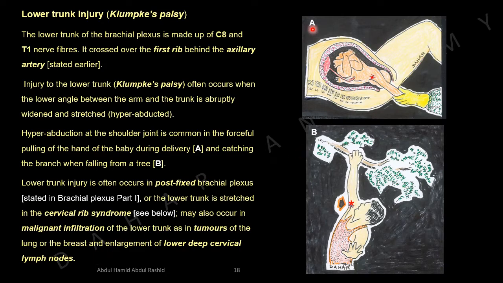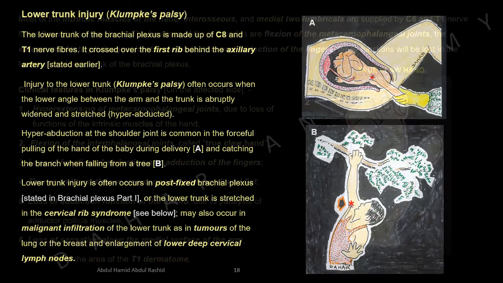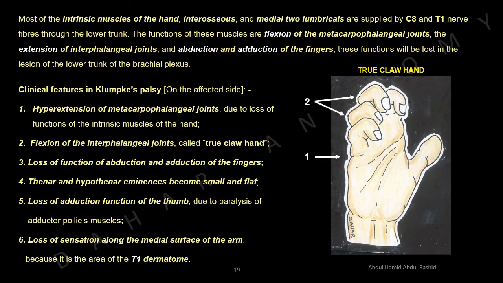So, figure A and figure B show the lower trunk injury because the angle between the trunk and the shoulder and arm is suddenly widened. Most of the intrinsic muscles of the hand, interossei and medial lumbricals, are supplied by C8 and T1 nerve fibers through the lower trunk.